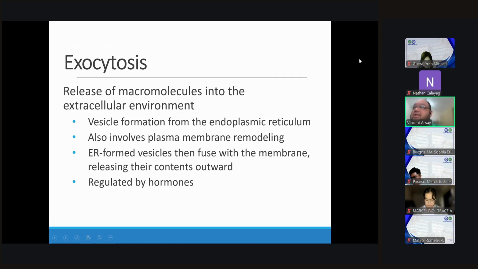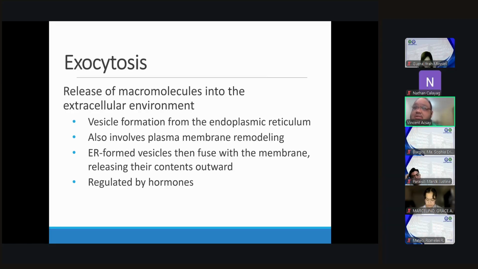So of course, if we need to move things in, we have to move things out also. This is the one that involves the clathrin. Okay, for exocytosis naman, you are releasing the vesicle from inside the cell.